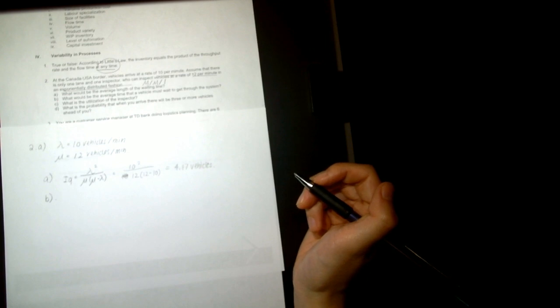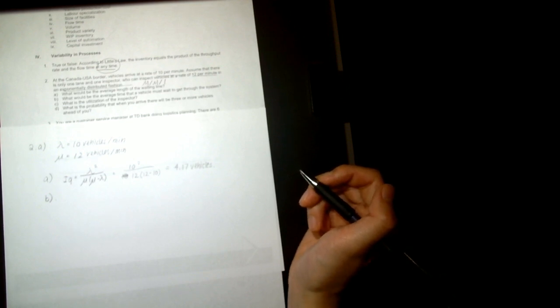Second, we have what would be the average time that a vehicle must wait to get through the system. So this includes the time being served at the actual station. Again, we would use the formulas I gave you. This one is for the average size of the system, and it would equal 10 over 12 minus 10, so this would equal 5 vehicles.